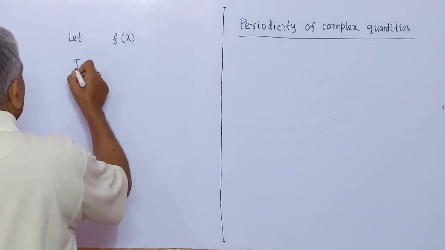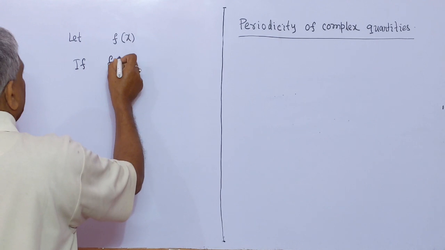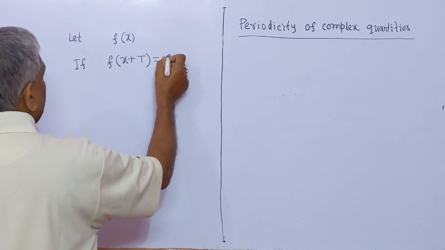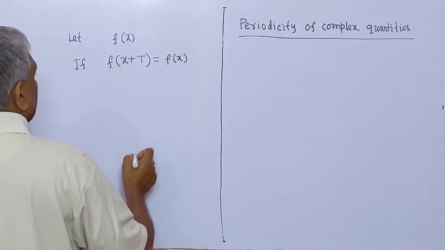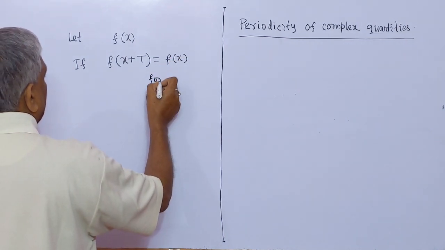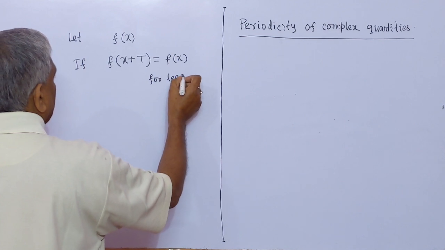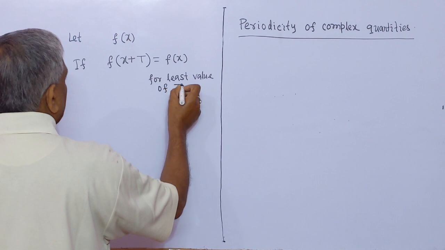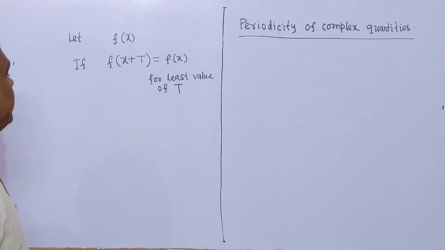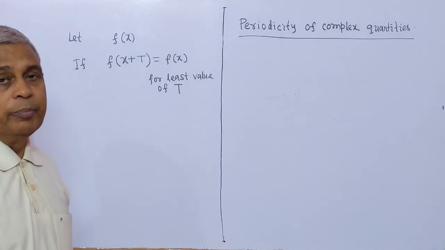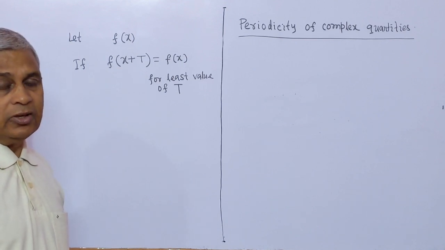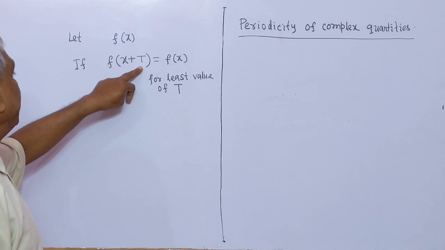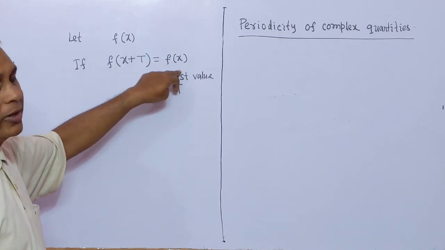If f(x plus T) equals f(x) for the least value of T, then T is called the period of this function, because after adding T we get the same value of the function f(x).